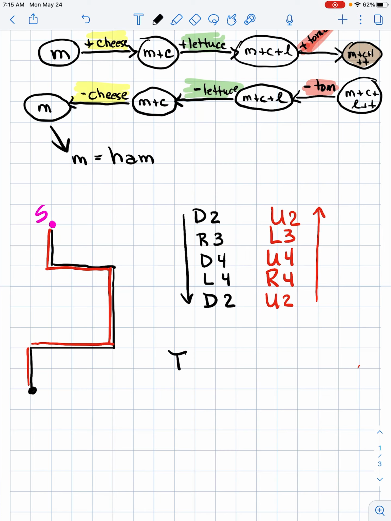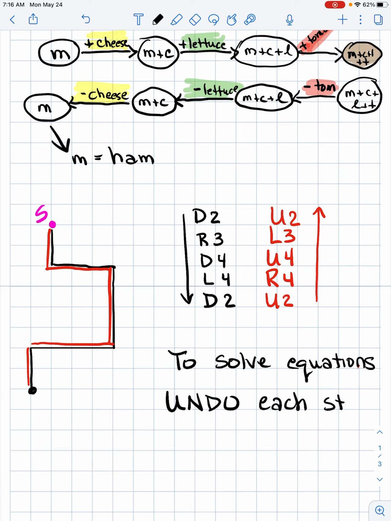in order to solve equations, we have to undo each step in reverse order.